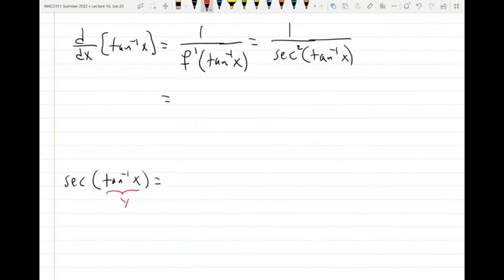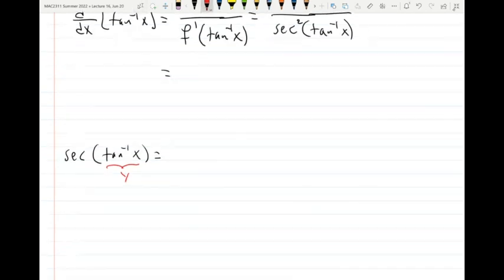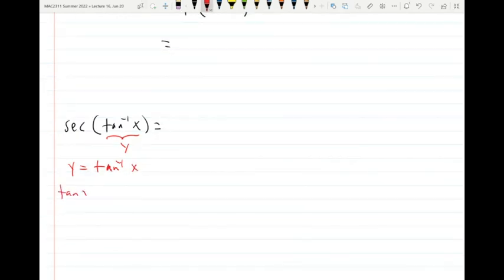Let's call it y or theta, whatever you want. That means y equals inverse tangent of x. So if I do tangent of y, what do you get? What's tangent of y? This is just x, right? They cancel each other. So this allows me now to draw a triangle.